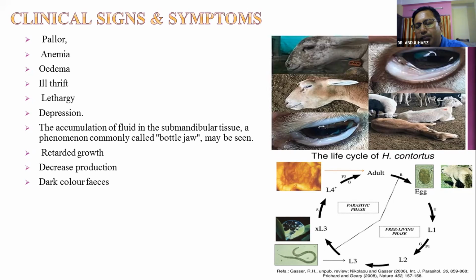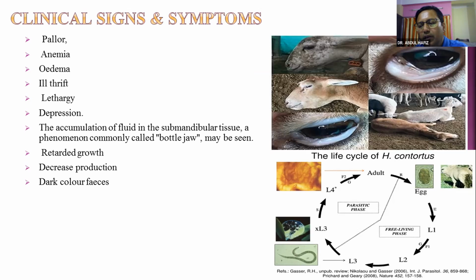Here is also the life cycle. Adult Haemonchus parasites lay eggs, and these eggs come out in the feces and come onto the grazing land, and they develop into L1, L2, L3. Again L3 is ingested by the final host, and it again becomes an adult.